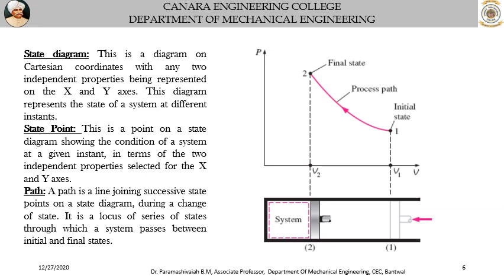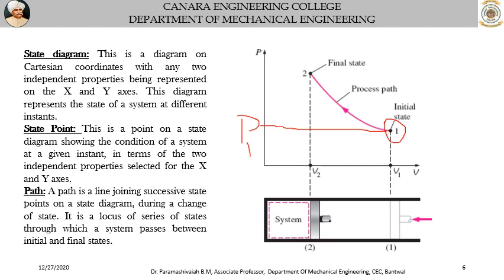So for example, if you take point 1, this is state 1. State 1 where the pressure is P1 and the volume is V1. Okay, so that is the condition of the state 1.